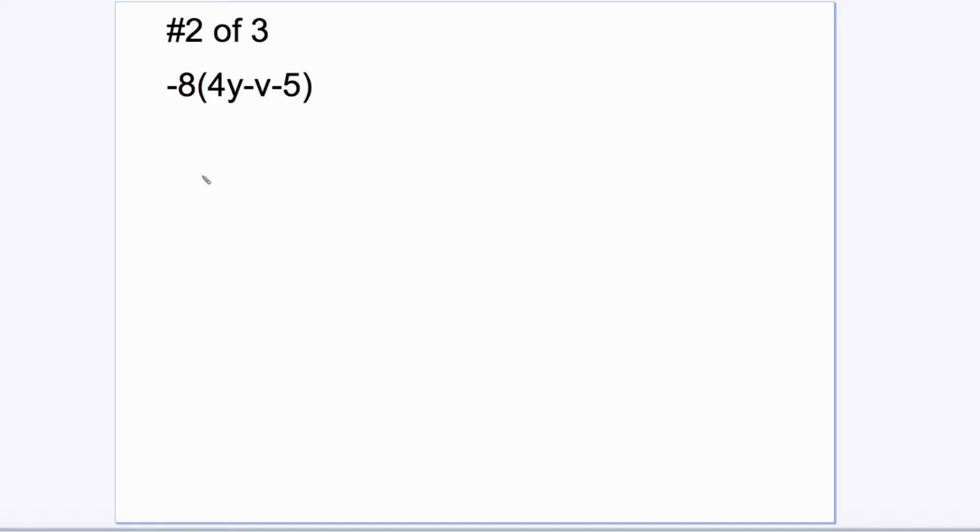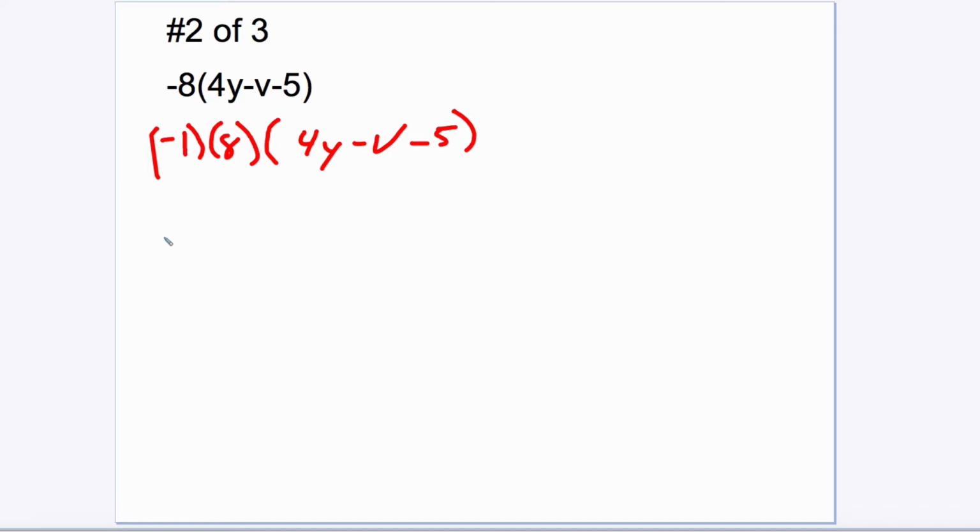I'm going to break this out a slightly different way, and I'm going to write it as -1 times 8, and then multiply that by 4y minus v minus 5. So the question is, why do I break out the -1 and the 8?